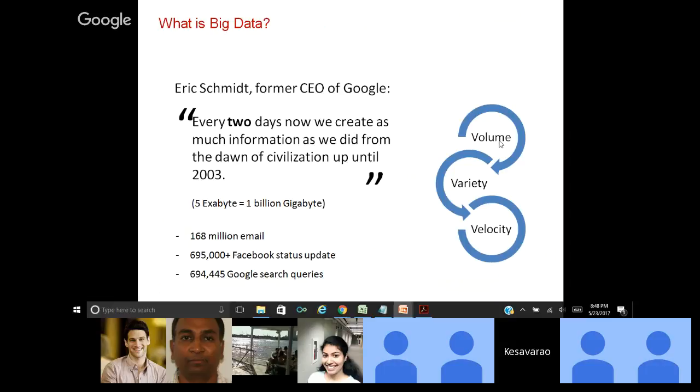That means it is volume, beyond limits that a traditional system cannot maintain, or the variety of the data. Variety means the type of data. It may not be structured data; it could be semi-structured or unstructured data. Or it could be the velocity, the speed, basically immediate real-time streaming type of data.